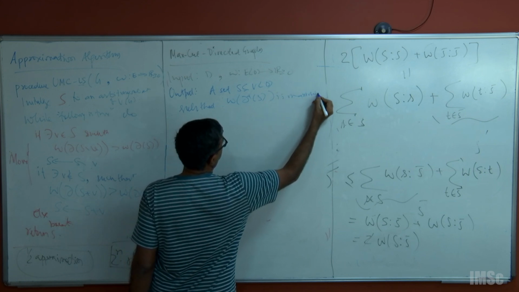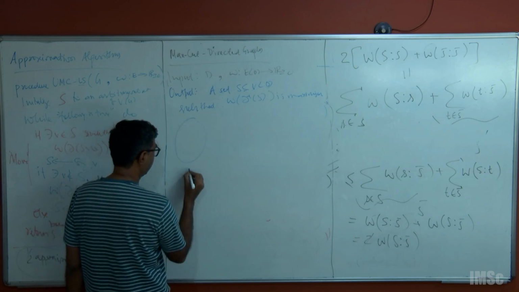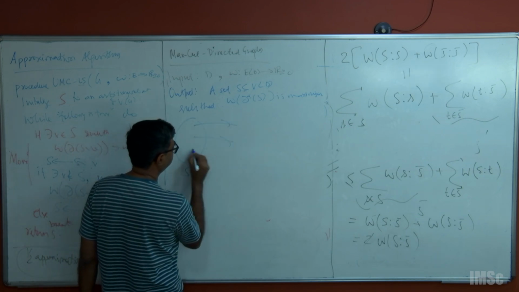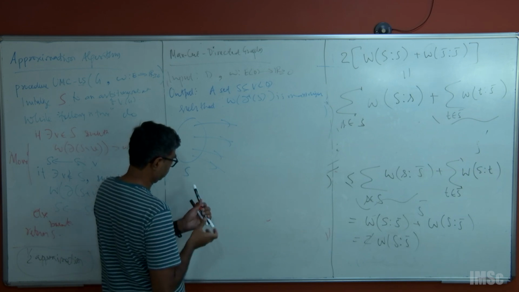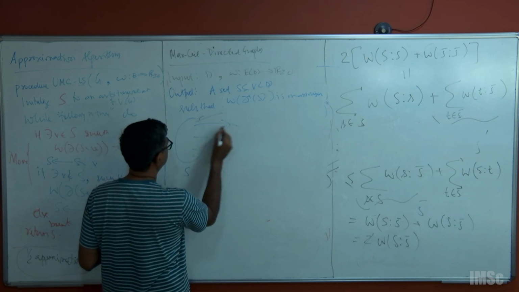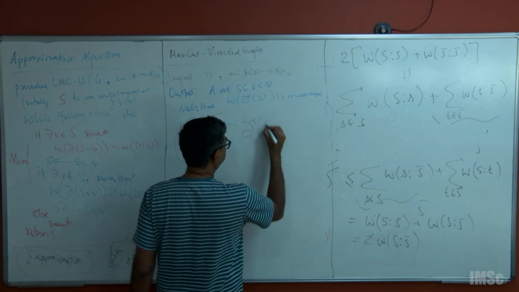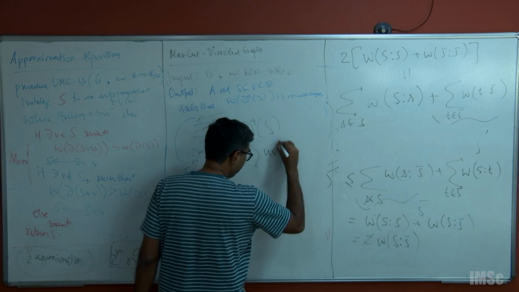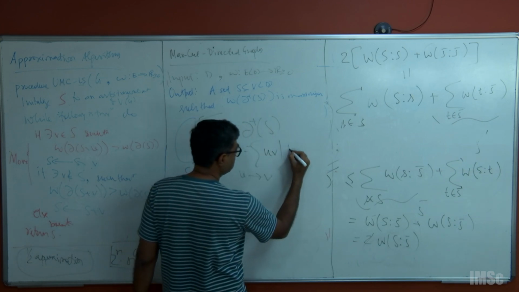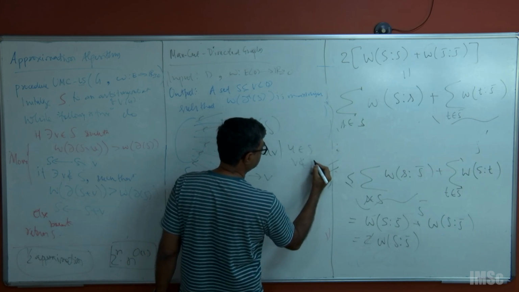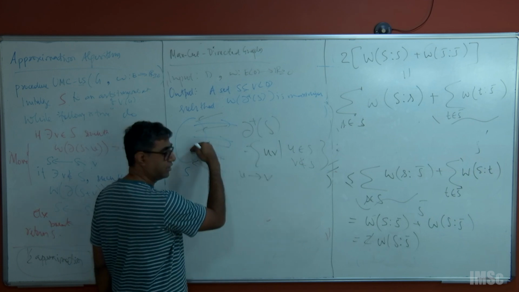Now let me tell what delta plus of S is and what weight is. Now we have S. There are some arcs which are going out and some arcs which are going in. Delta plus of S means all those arcs UV such that U is in S and V is not in S. So I only care about the blue arcs, not the arcs going inside.